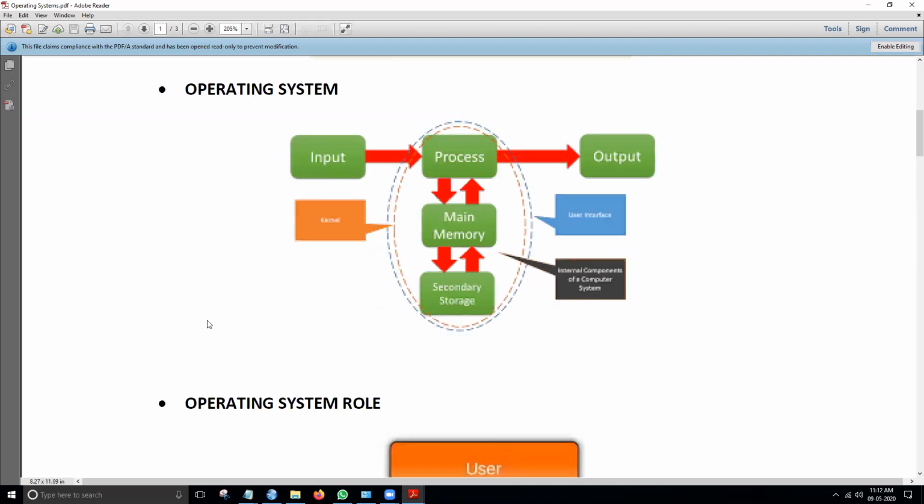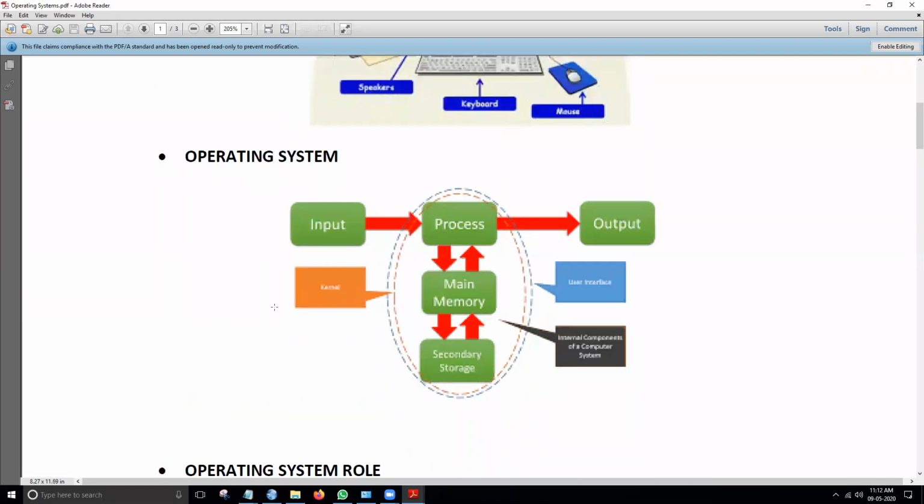So in an operating system, when we talk about the processor, how it has to work, what processes it has to pass on, when it has to take input, when it has to deliver the output, and who will deliver the output, all these things the operating system handles. Here is the main memory, here is the secondary memory.